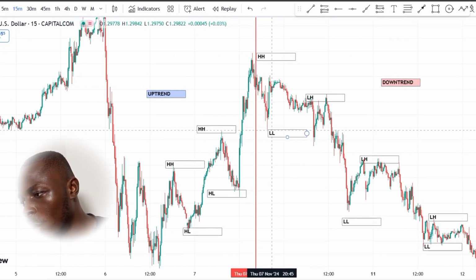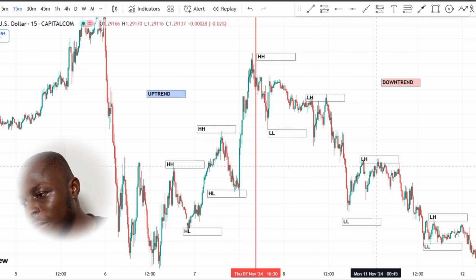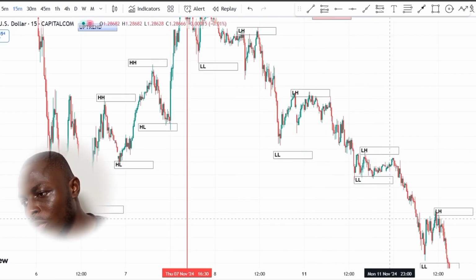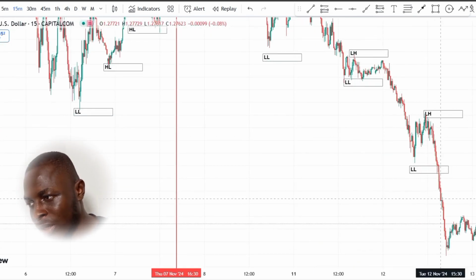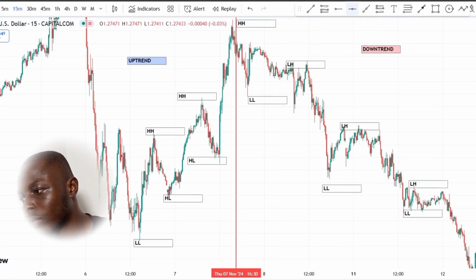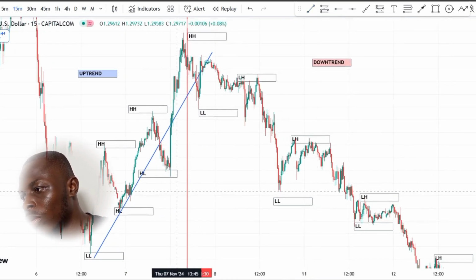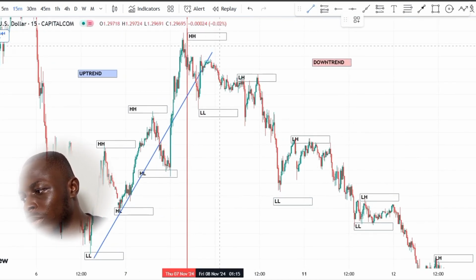Then from this, now lower low, lower high, lower low, lower high, to the downside. So this is what we call an uptrend. This is what we call a downtrend.